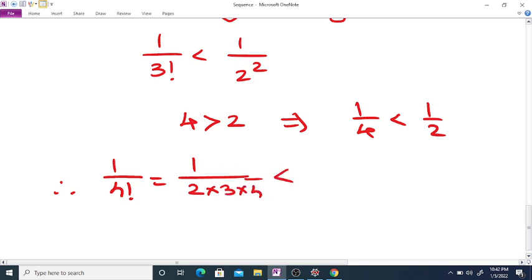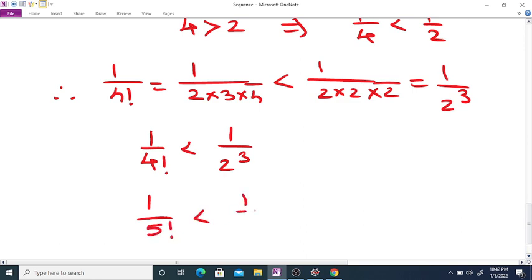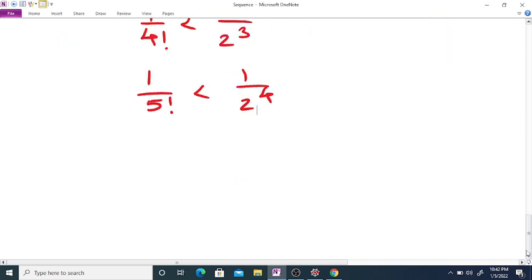As we know that 1 by 3 is less than 1 by 2 and 1 by 4 is also less than 1 by 2, it is less than 1 by 2 raised to 3. So 1 by 4 factorial is less than 1 by 2 raised to 3. Similarly, 1 by 5 factorial is less than 1 by 2 raised to 4.